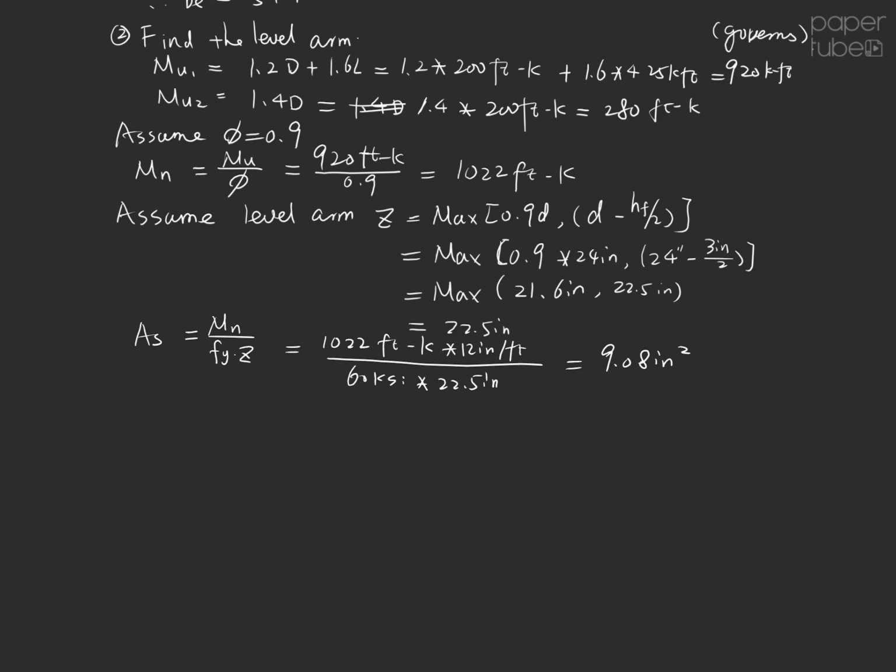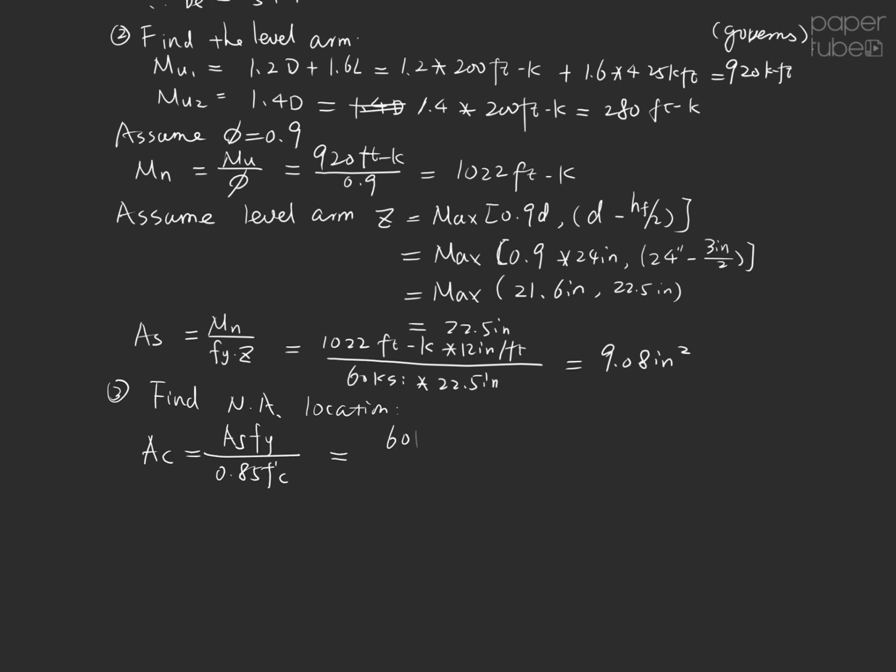Right? Everything is the same as before, right? It's very similar to the first example, just different numbers. The third step, find the neutral axis location. What we have done before is we calculate the AC is equal to AS Fy divided by 0.85 F prime C. We put those numbers in there.